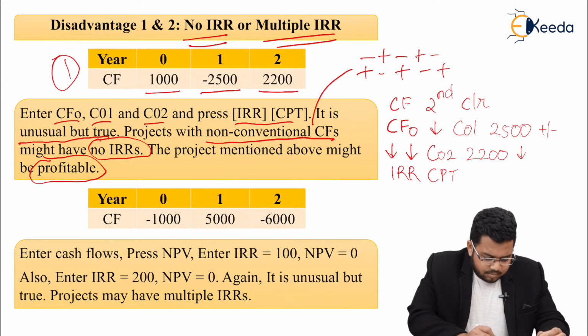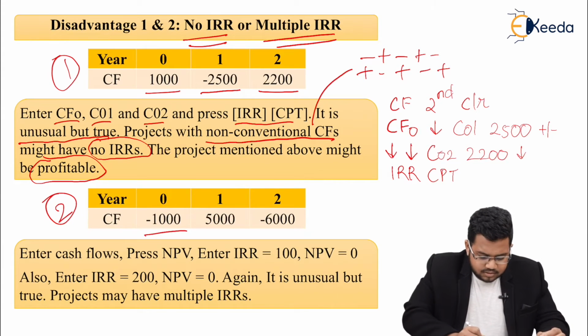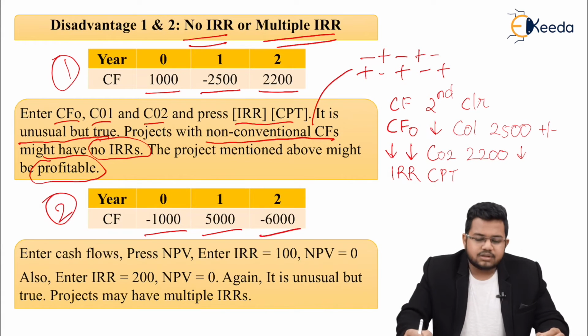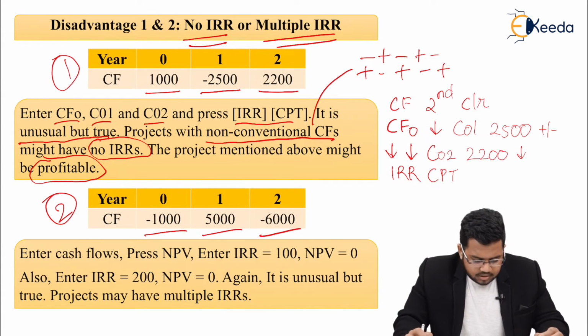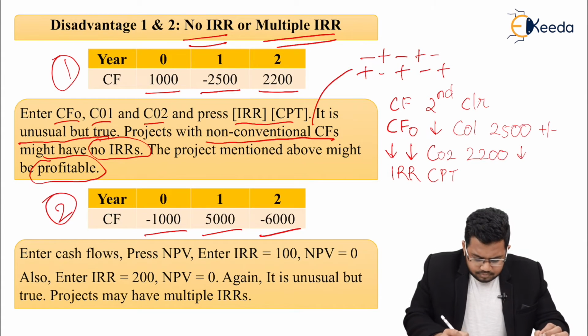Now second example, again a 2 years example. First year cash flow is negative 1000, then positive 5000 and then negative 6000. So again we can find out IRR and NPV.